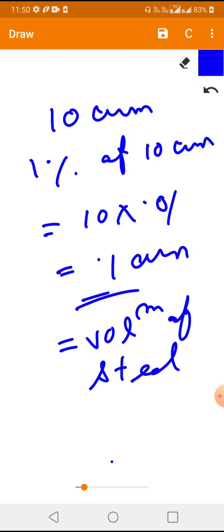Okay. Now, steel is not calculated in terms of cubic meter. Steel is always calculated in terms of its weight, kg, quintal, etc. So we'll have to convert this 0.1 cubic meter of volume of steel into its weight. So we need to find out what is going to be the weight of this 0.1 cubic meter steel.